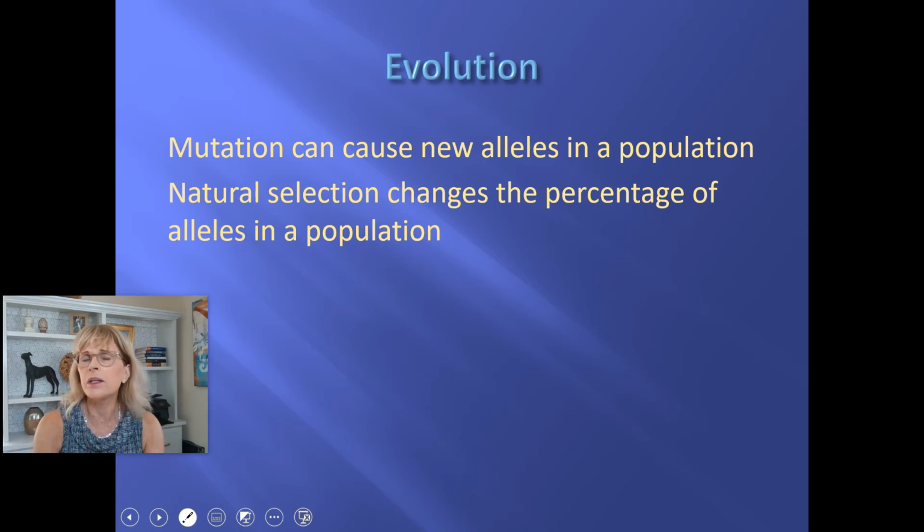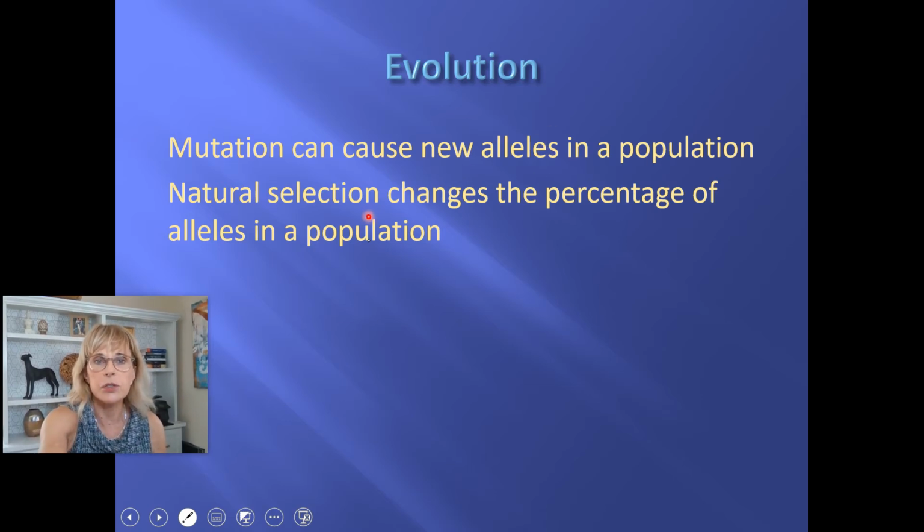So in our pigs, there were alleles that did black and brown and red. Those were three different alleles. Probably the ancestral pigs were all brown, and then there was a mutation that caused black and a mutation that caused red. Okay, so mutation can cause new alleles in a population.